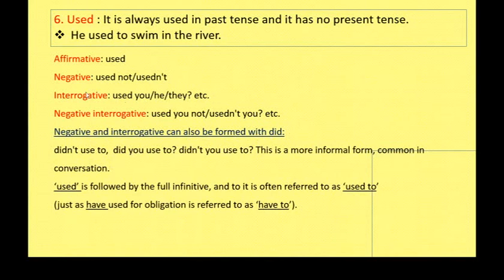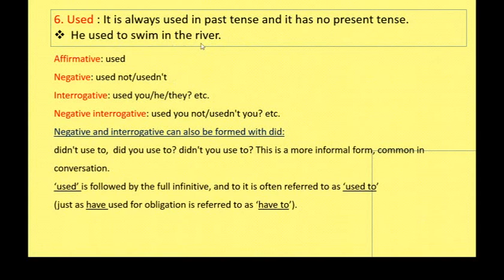If we change the sentence into negative or interrogative or negative interrogative, then another form can be used. Instead of following these rules, we can also use didn't used to, did we used to, didn't you used to.